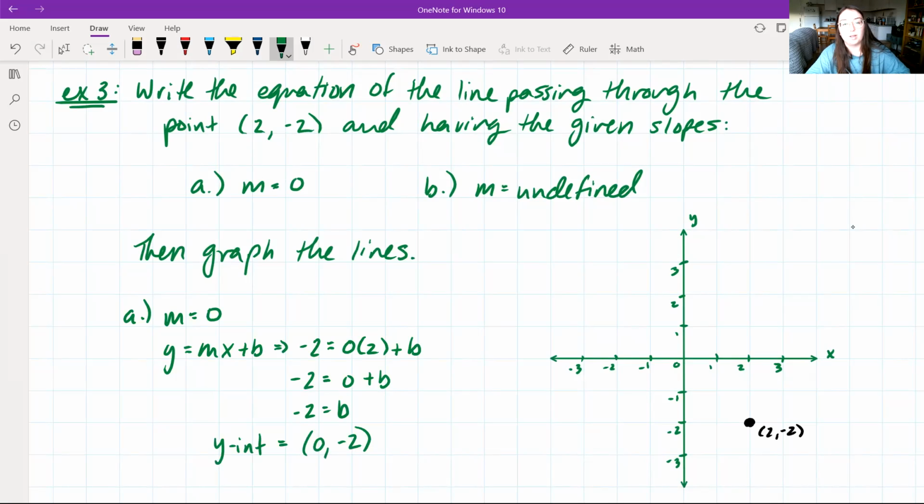So let's go ahead and plot our y-intercept. Let's plot this in red. So our y-intercept is at (0, -2), this point right here. So what we do now is that we want to connect our points.